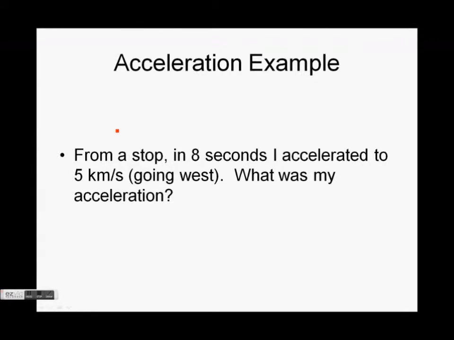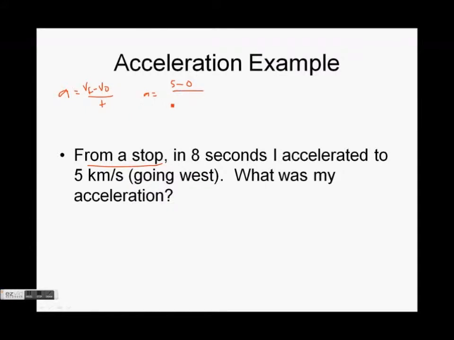Let's do another example. From a stop, in 8 seconds I accelerated to 5 kilometers per second west. What was my acceleration? Again, acceleration equals final velocity minus initial velocity divided by time. My final velocity was 5 kilometers per second.